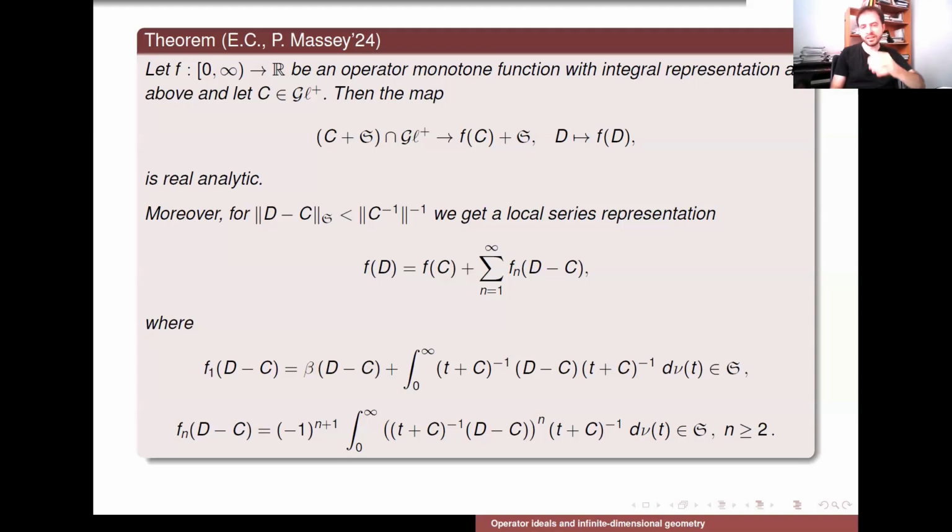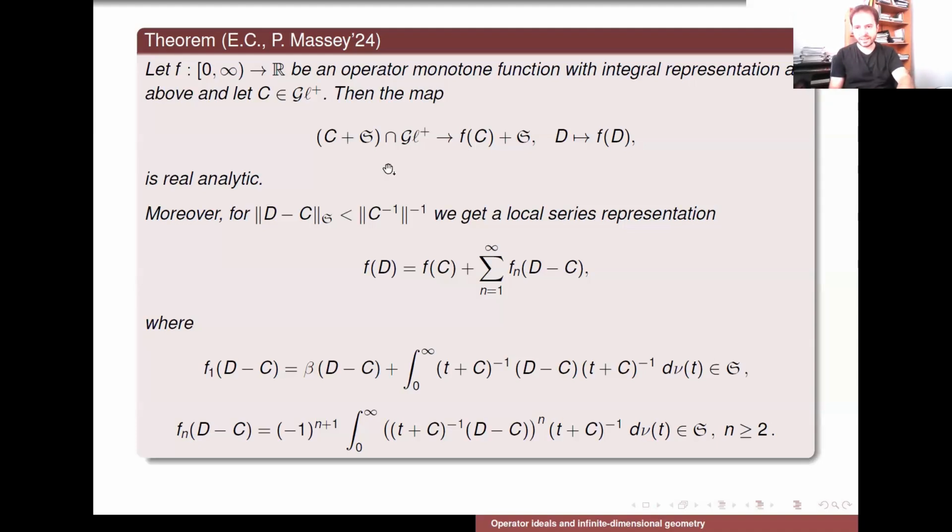An important remark here is that we want to study the analyticity of operator monotone functions in this set where we have the operator C fixed. So in this set, we cannot use some results from analytic functional calculus because this is not contained in any Banach algebra.